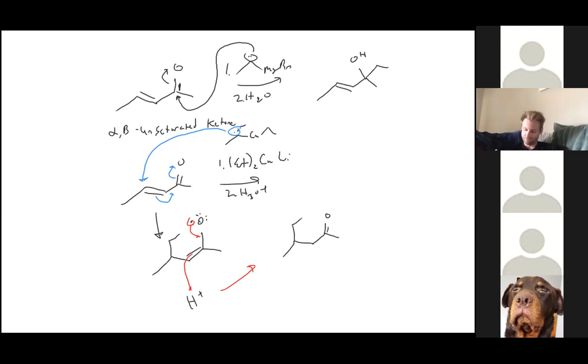You're adding further away into your extended system and then reprotonating to keep your ketone. So this is what's called a Michael addition.